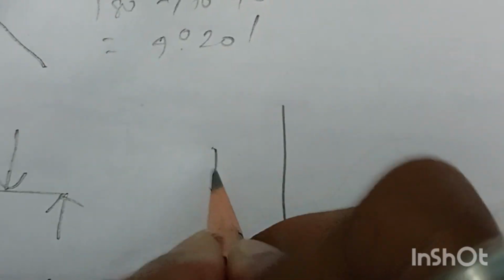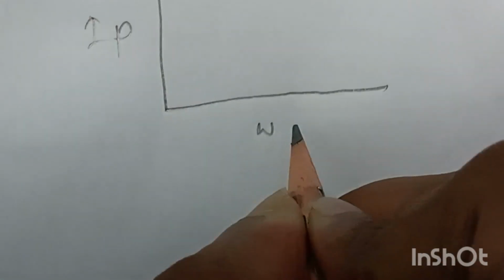The plasticity chart is a chart where the y-axis is the plasticity index and the x-axis is the liquid limit of the sample. Both plasticity index and liquid limit of the sample are expressed in percentage.